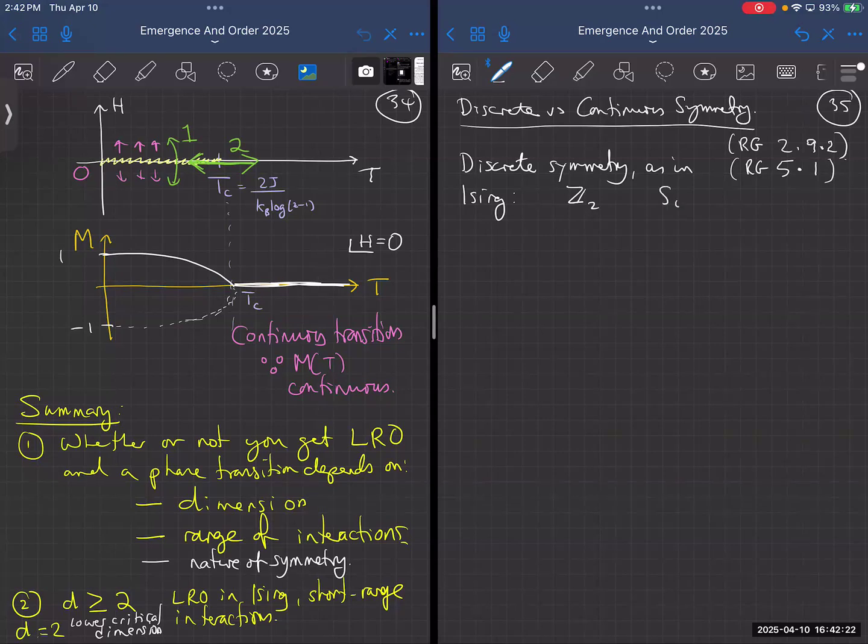So a spin can either go from being up to down, and it only has those two states. I can't be halfway between up or down. I'm either up or I'm down. There's no halfway thing between them. So I can't make an infinitesimal transformation.